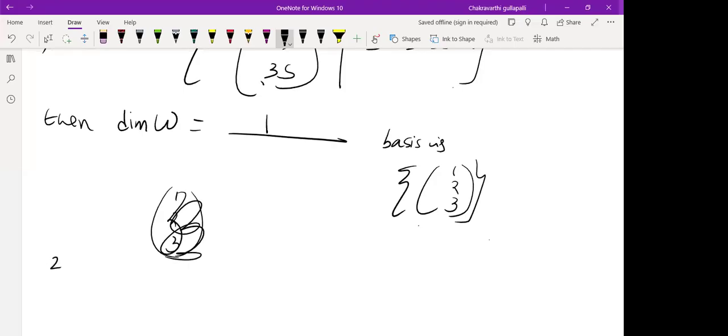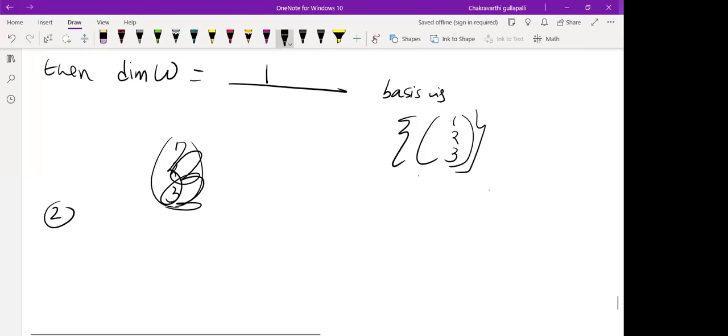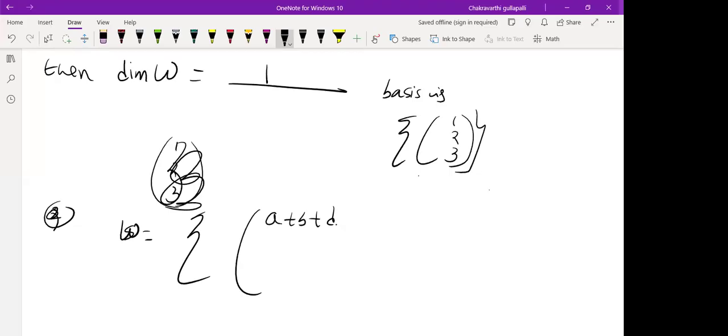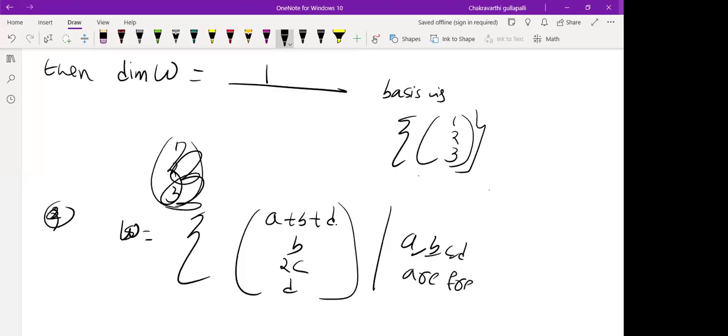Now another question. Suppose you are given W is equal to the set of all (A plus B plus D, B, 2C, D), where A, B, C, D are free. So what is the dimension?